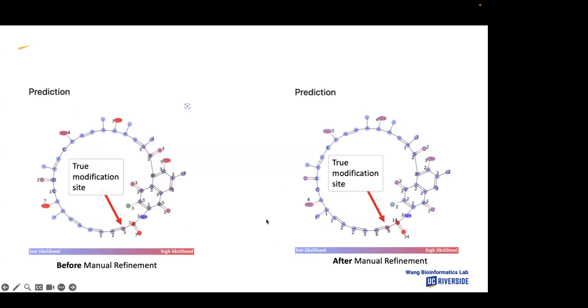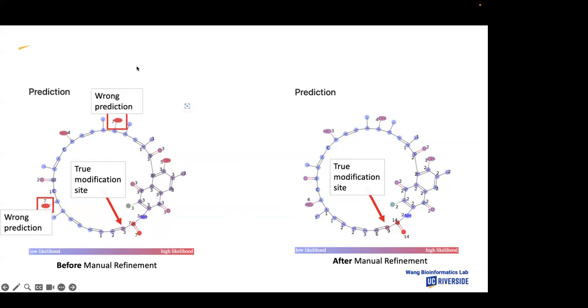So whatever peak you change, you can see the updated prediction. Once you do that, you can see that the two highlighted parts from before are now getting less score, and the true modification site is highlighted with a higher score, and the overall prediction is improved a lot.